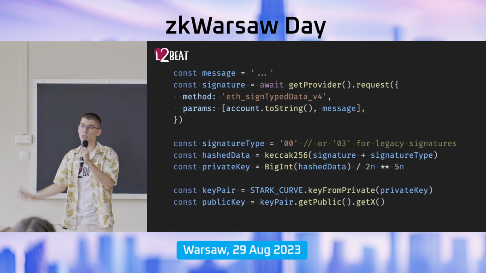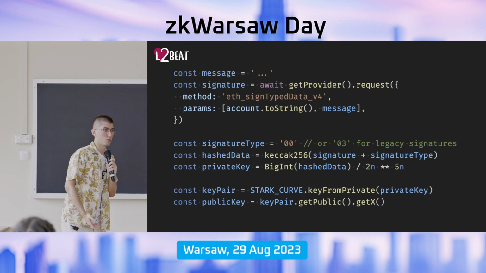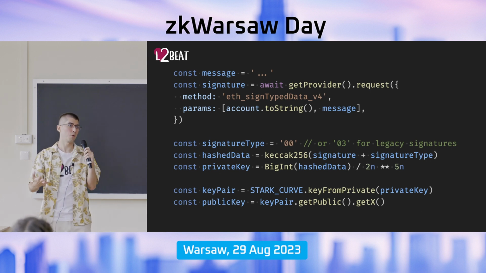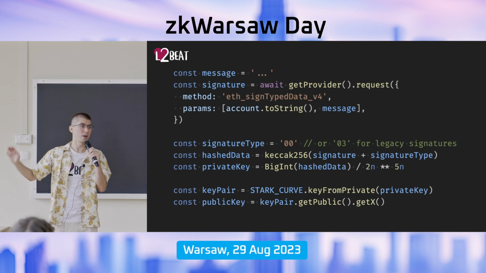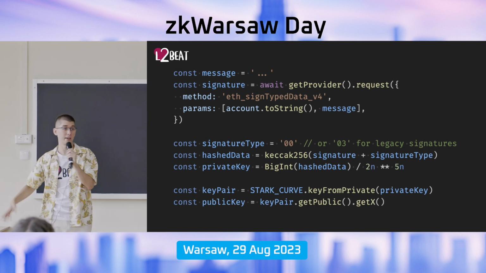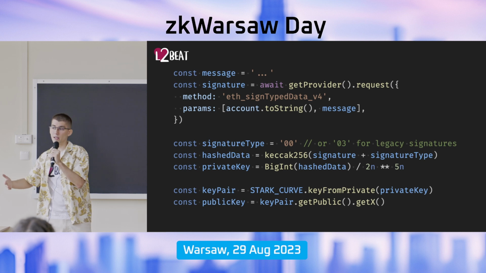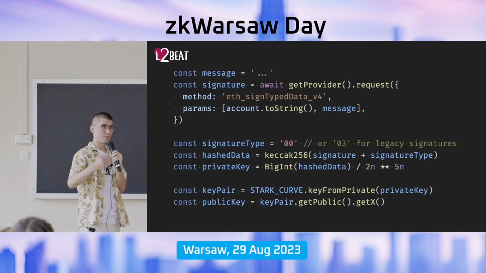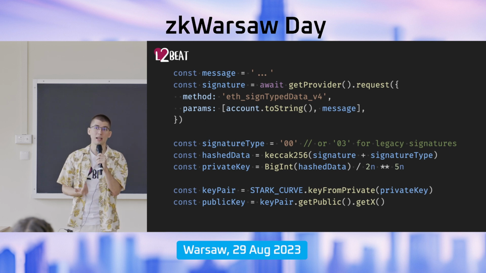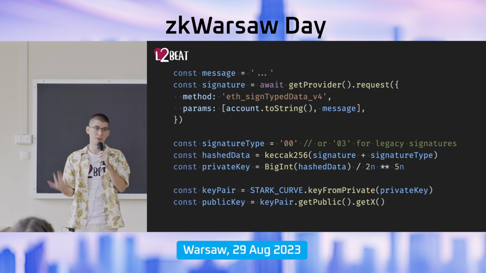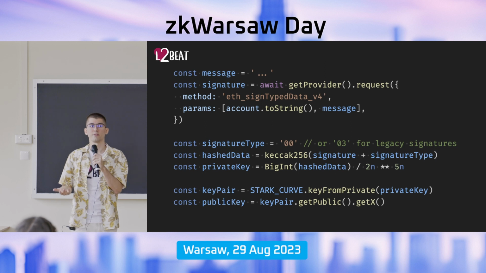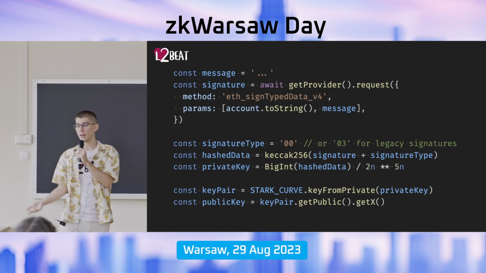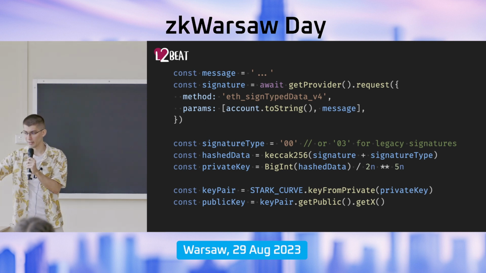But then I either change my browser or clear the cookies or whatever. And now what happens? Now I no longer have this private key that was saved in my browser. I have to derive it again. And if I sign everything again, I get the same private key, which is great because it allows for key recovery, and actually the flow is super intuitive in that all you have to do is sign a message in MetaMask and everything seems fine.